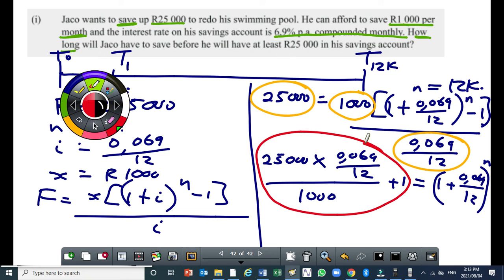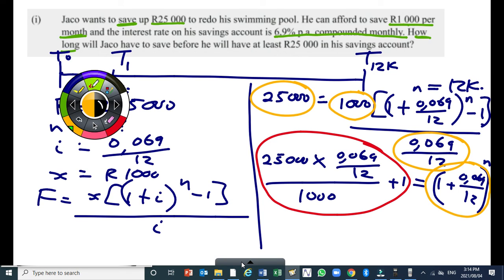The base of that logarithm is this sum here. That will be the base. So here we have a number that we are trying to find its logarithm, which is a little bit complex.